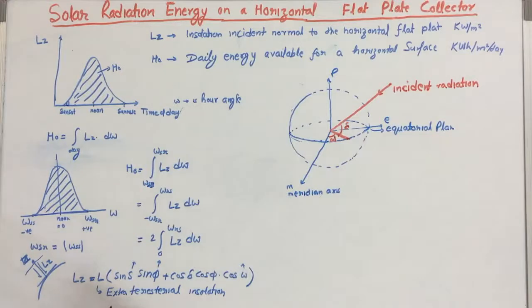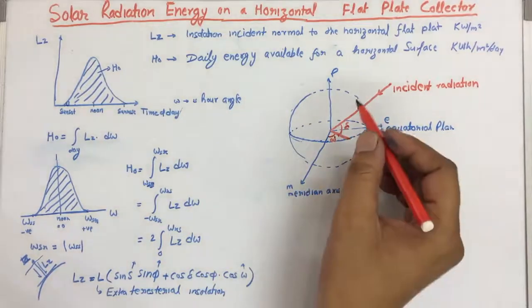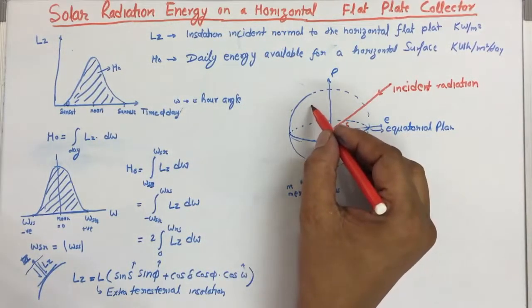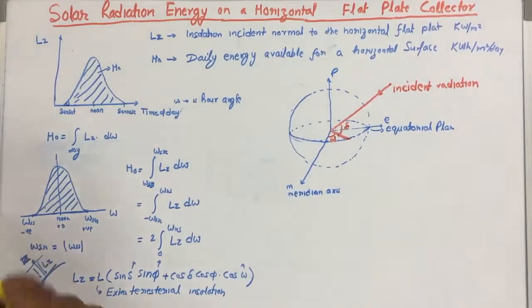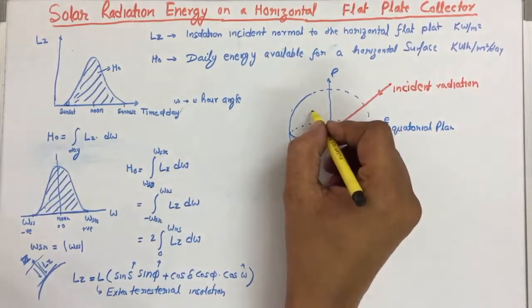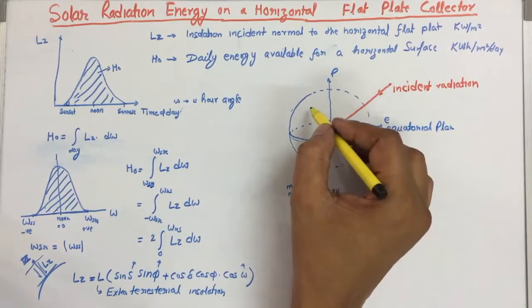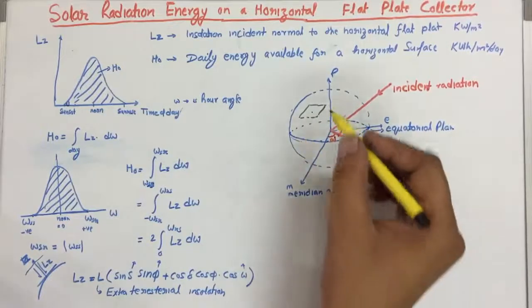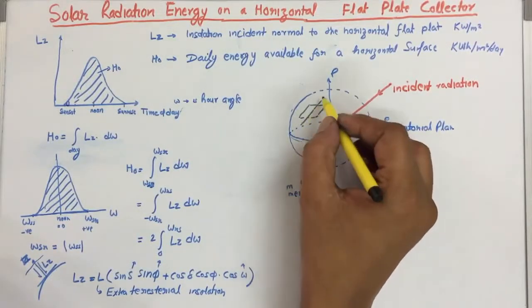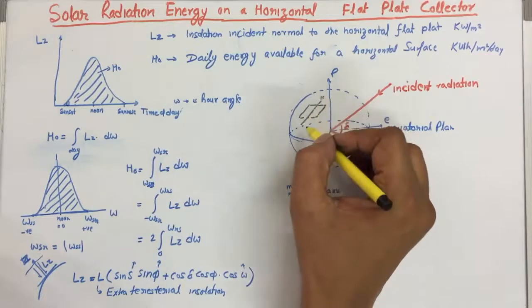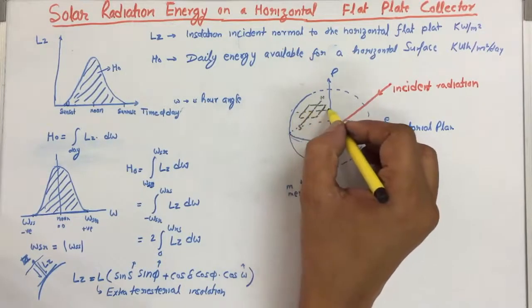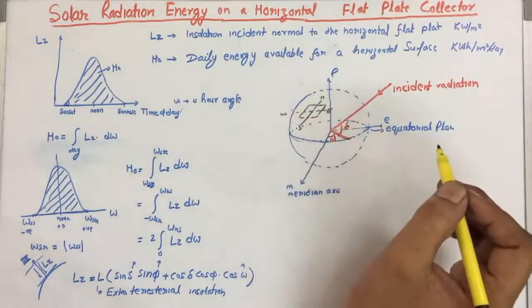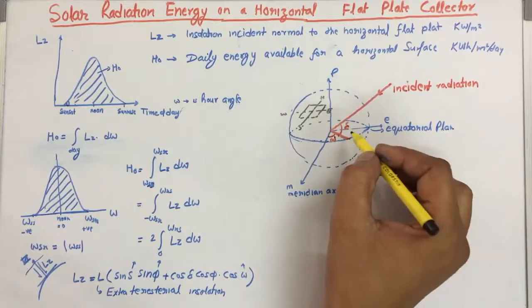Now let us try to find the phi, and to find the phi, assume any location. This is point P at the Earth's surface. This is the plane parallel to the equatorial plane. You can say north and south, east and west. Don't be confused from this and this.